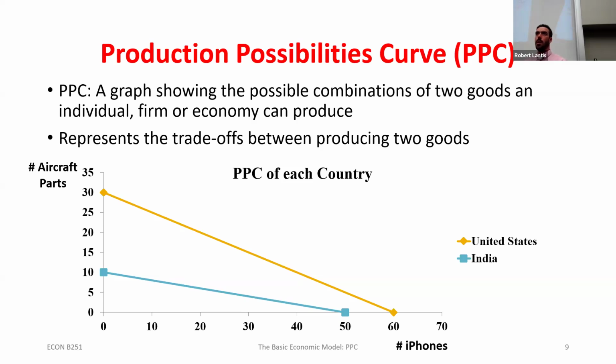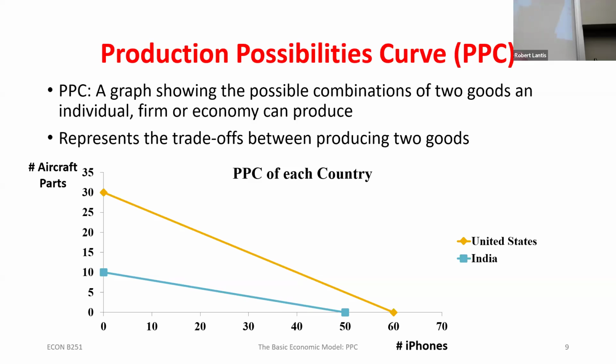Everybody with me up to this point? Okay. Now, instead of drawing this out and flipping them, this is where it becomes pretty useful to say, okay, well, what is the cost of an iPhone to the US? Well, we said the cost of our y-axis good is just 1 over the slope.